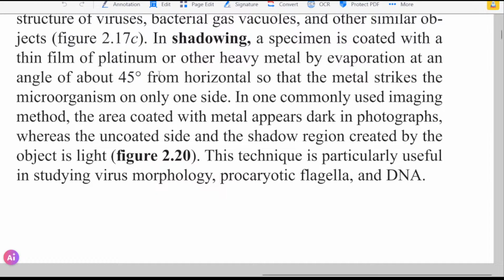So the metal strikes the specimen from only one angle, 45 degrees from the horizontal, so that the metal strikes the microorganisms only from one side. In one commonly used imaging method, the area coated with metal appears darker in the photographs, whereas the uncoated side and the shadow region created by the object are light.